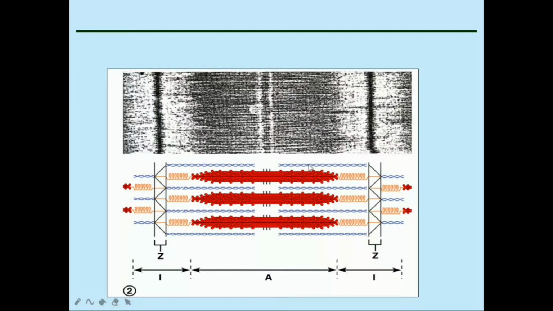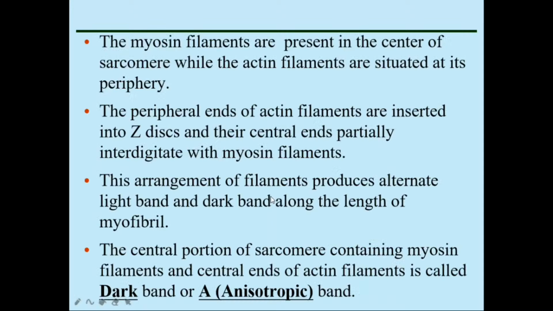As you can see, these thin filaments are attached to the Z discs on either side. So these are the actin filaments attached to this Z disc, these are the actin filaments attached to this Z disc, and the myosin filaments are floating in the central portion of the sarcomere.